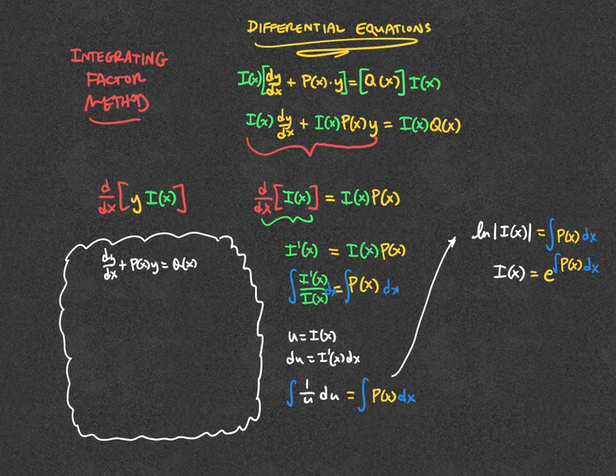That is the number 1 situation. So you've got to identify p of x and q of x. The next thing you need to know is that I of x is equal to e to the integral of p of x dx. And the last thing is that we're going to use the fact that the product rule shows up here to put this in a separable form.